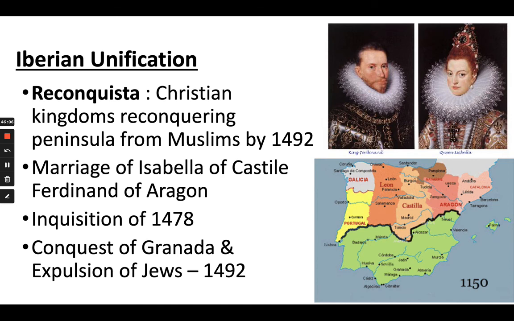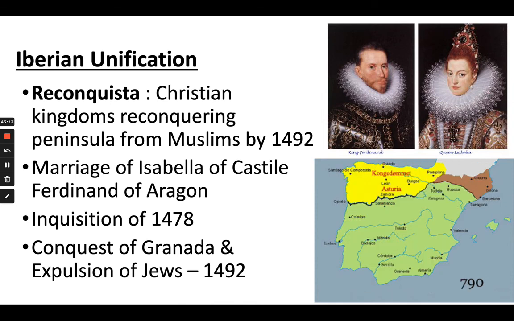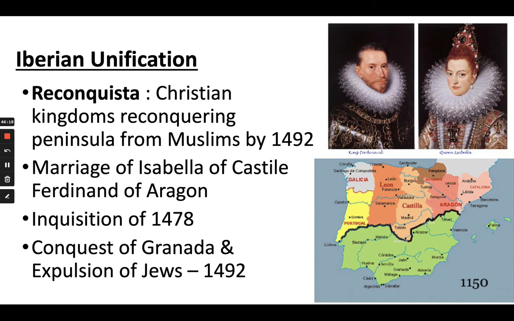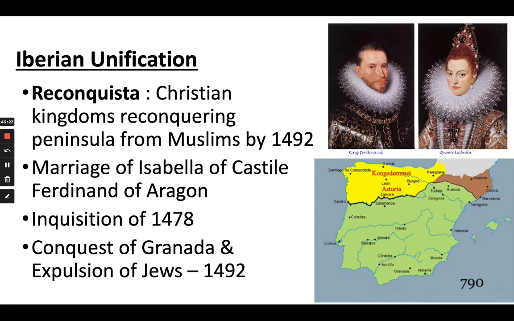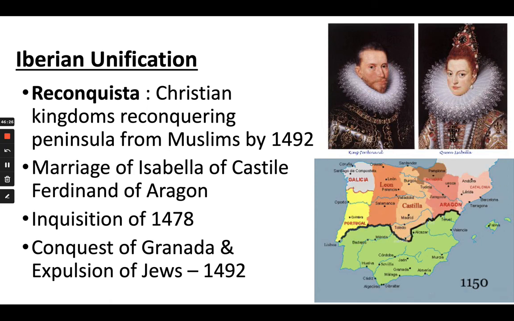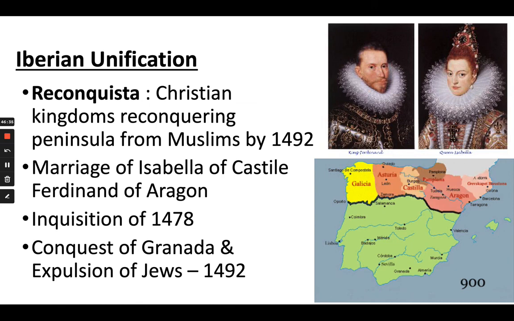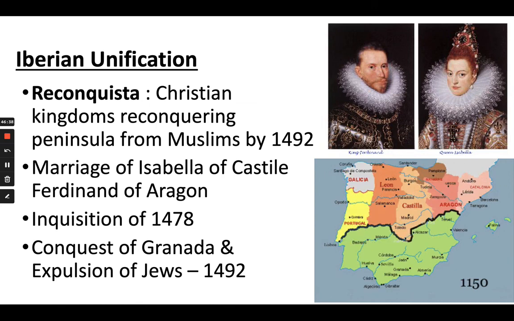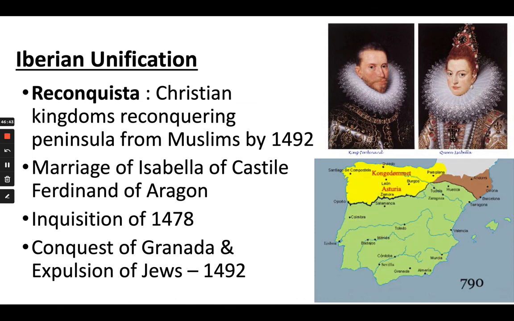One of the things we're going to see is that with this, the Muslim presence will really be pushed out of Spain. You will also see a very strong military and a very strong connection to the church. Now, one of the things you have here is religious uniformity. It's designed to create unity and bolster royal power, but it means Jews and Muslims are really going to be expelled from the Iberian Peninsula, and many will go to Rome.